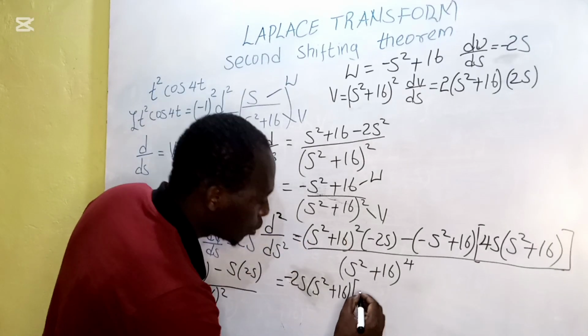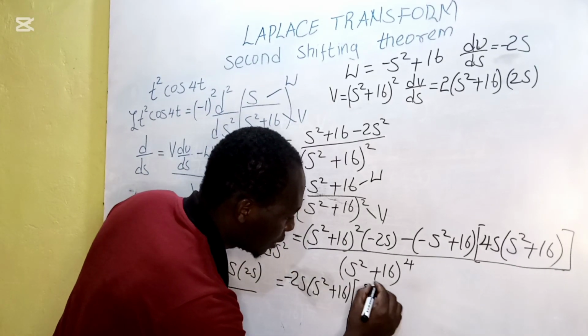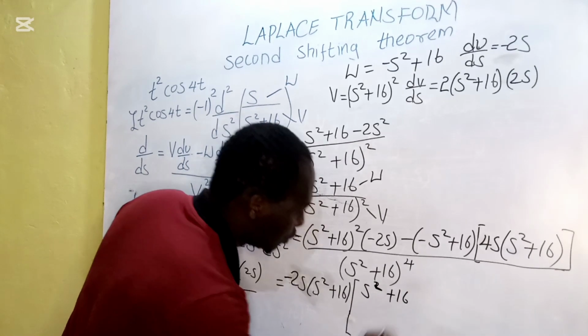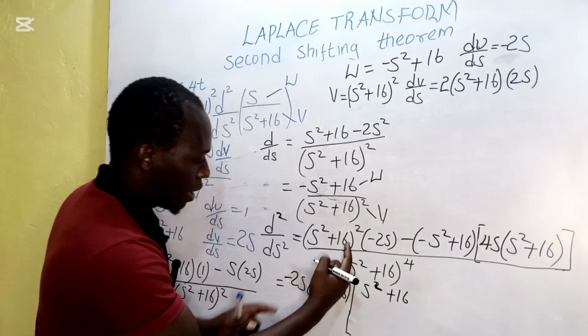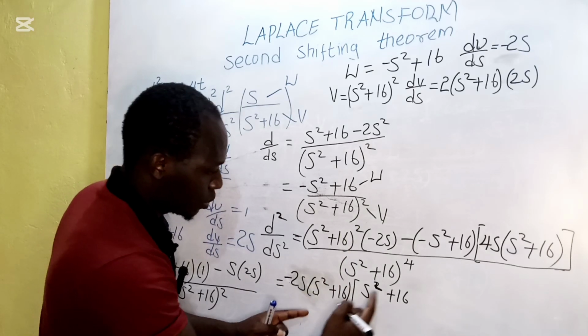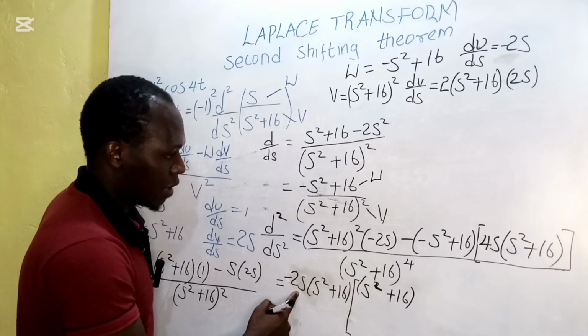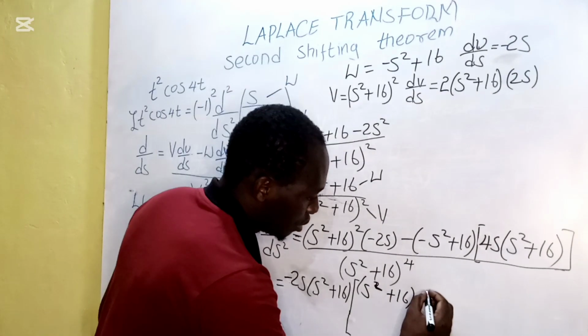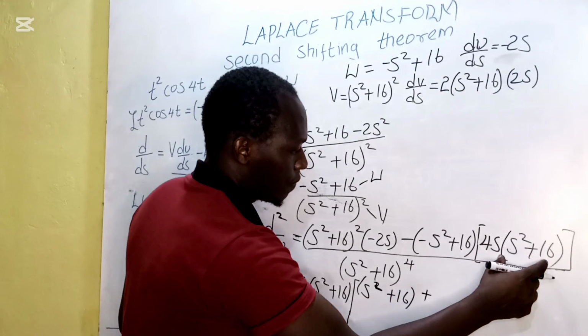So here I'm going to have s squared I add to 16. It was power 2. I have factored out the first one. So I'm going to have s, just like that, this one I've already factored out. I'm going to have an addition of this one I've factored out.